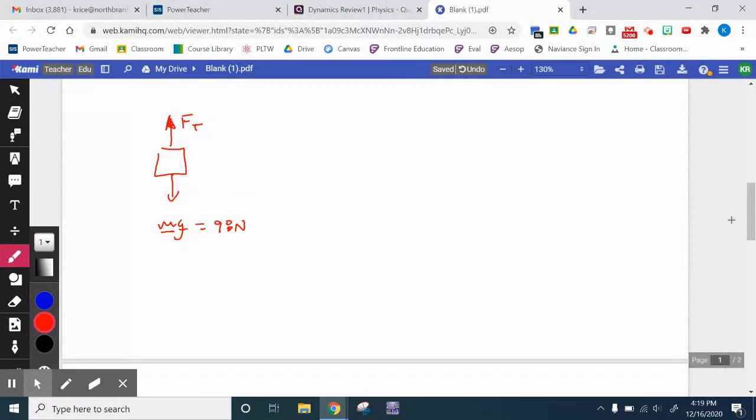And we have to find out what the acceleration is. So sum of the forces always equal to ma. Sum of the forces, as usual, is that upward force minus the weight. And we know the mass, so we're going to find the acceleration to be the force of tension, which we know.